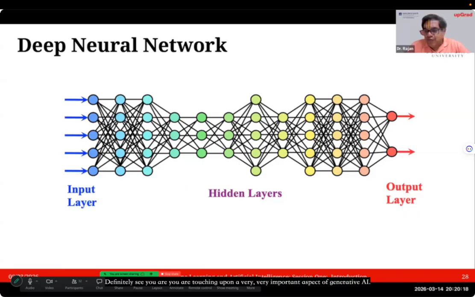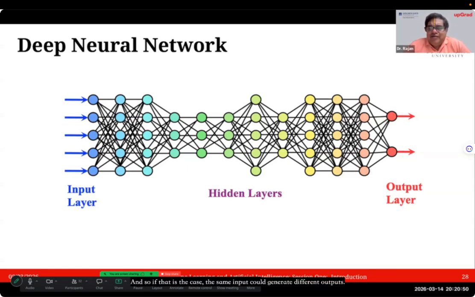Definitely. You are touching upon a very important aspect of generative AI. The data generation is corrupted with lots of things, including the quality of the input data. In addition to that, these are probabilistic models. Therefore, the output that we get is based upon some kind of probability.